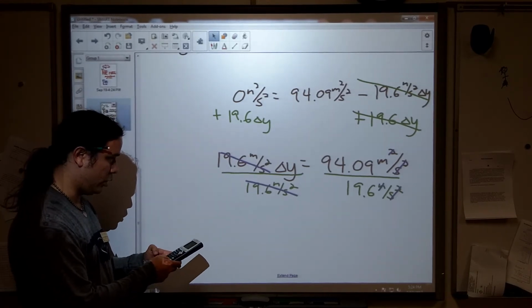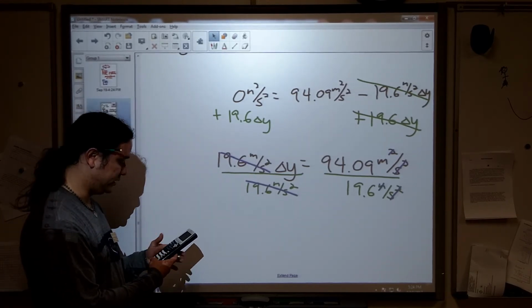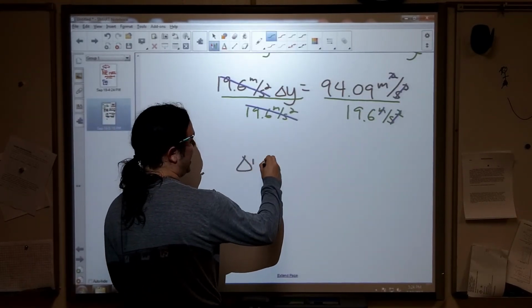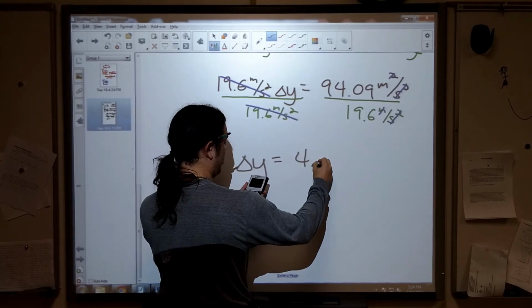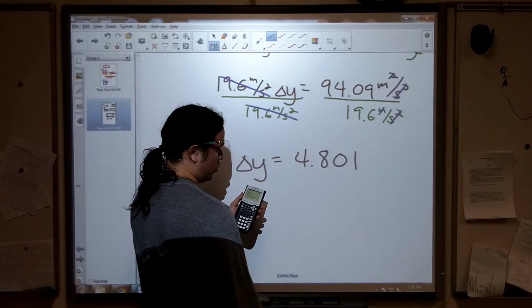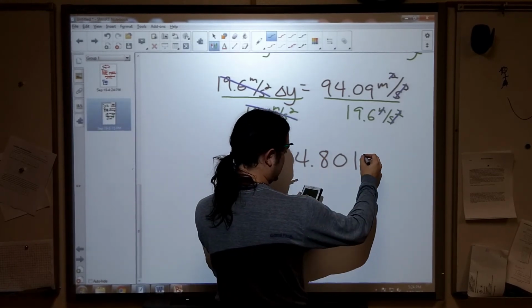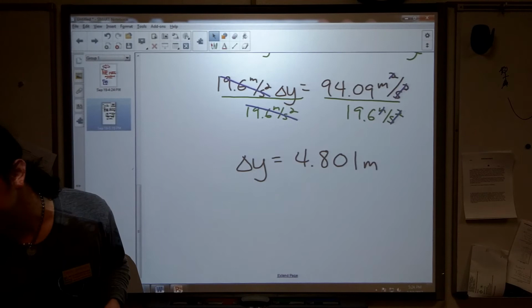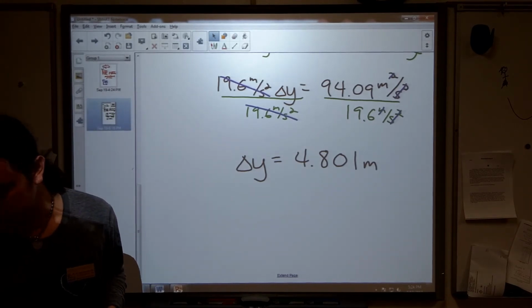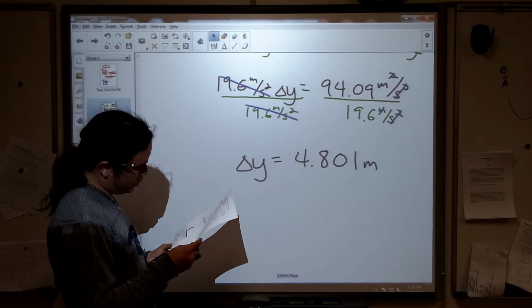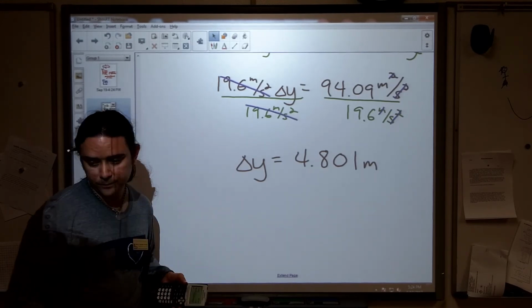So I'm going to take 94.09 divided by 19.6, and I find that delta y, the maximum height, is equal to 4.801. That's way more significant figures than I need, so I'm going to do 4.80 meters. Let's see what they've got for me. 4.80, yep. There you go.